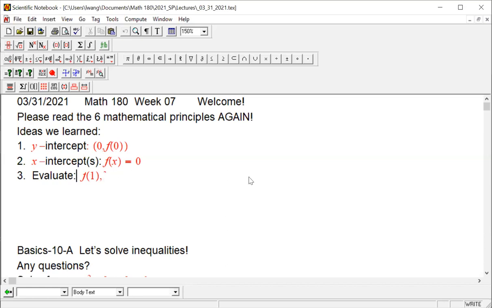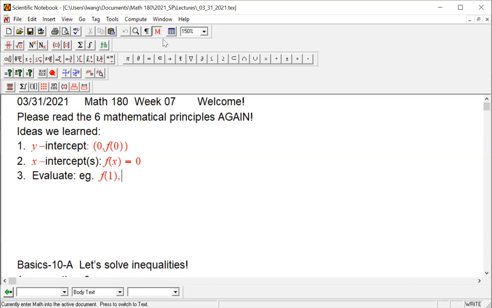Just an example. This means the vertical line, x equals 1, because the input is 1, crosses the curve. That's the meaning. You follow me?